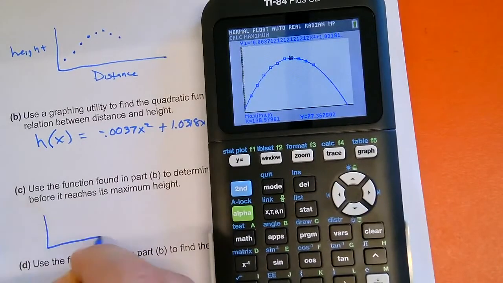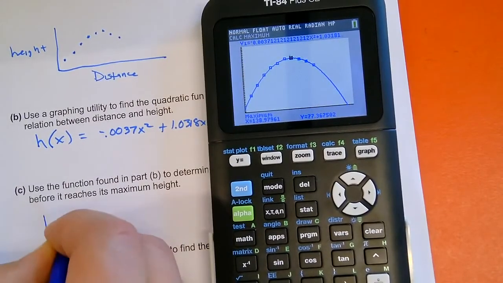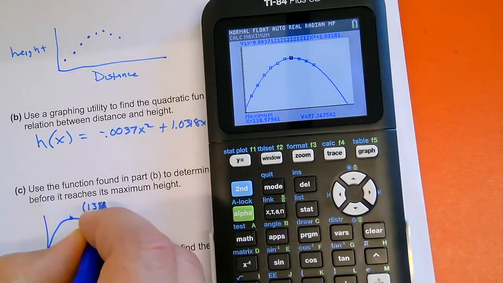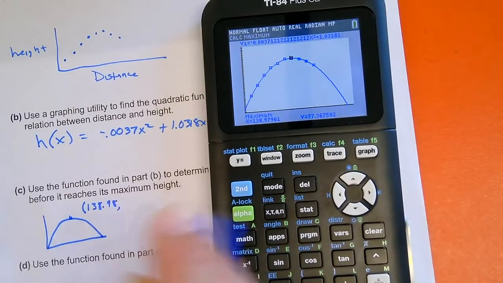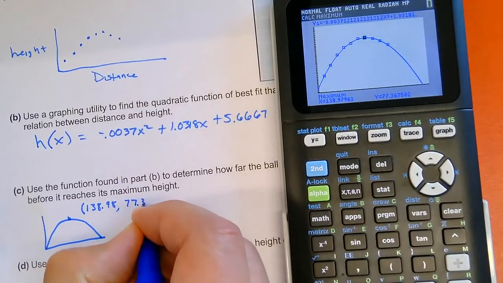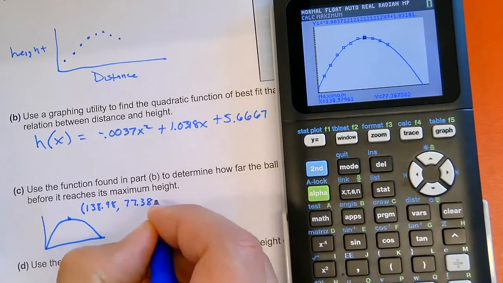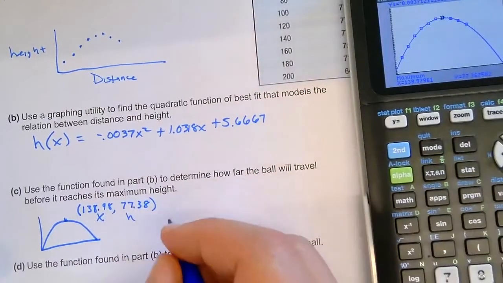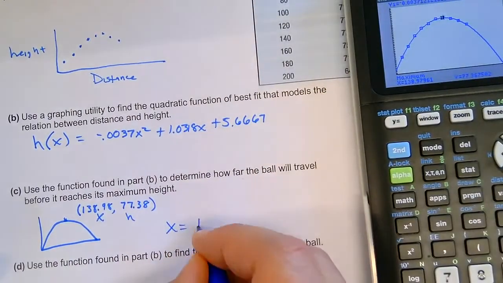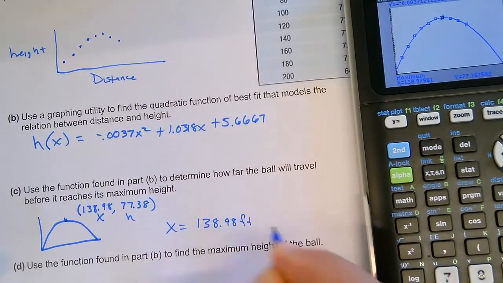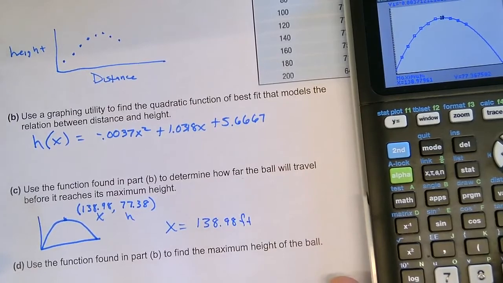We get a maximum right there at 138.98, 77.38. It didn't say what to round to. Remember, this is x, this is h. So x is 138.98 feet. That's where it maxes out.